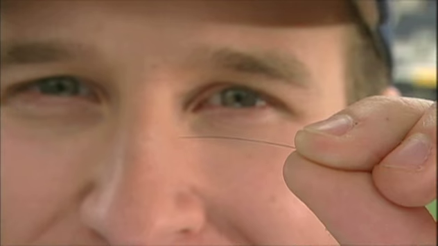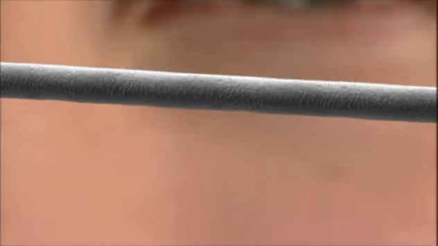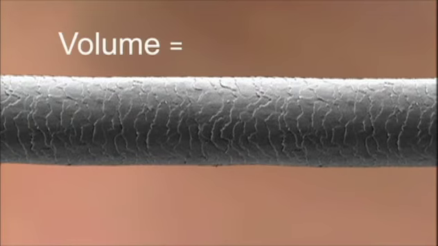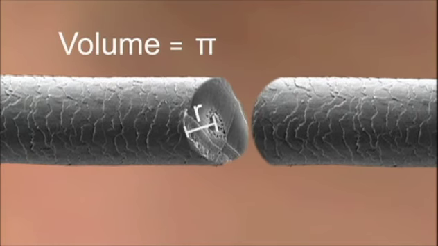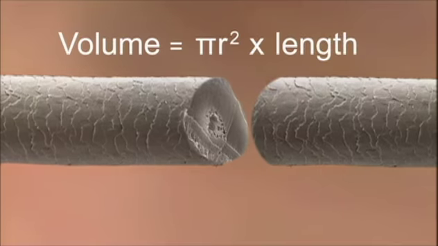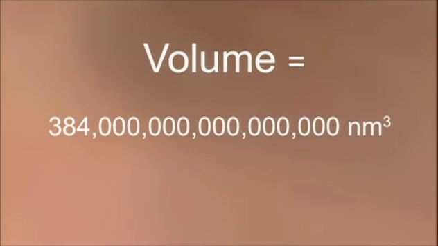Now where was I? Oh yeah. Remember our hair? It's a whopping 80,000 nanometers wide. So, how many atoms are in it? We can figure this out. First, we calculate the volume of our piece of hair in cubic nanometers. We use a little geometry here, but that's easy. That gives us a huge number.